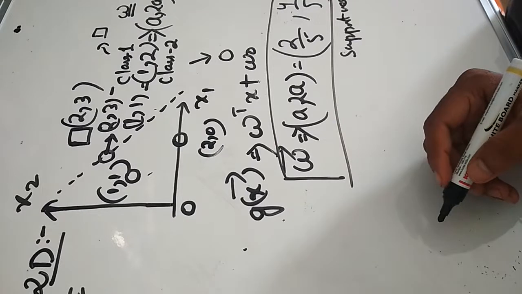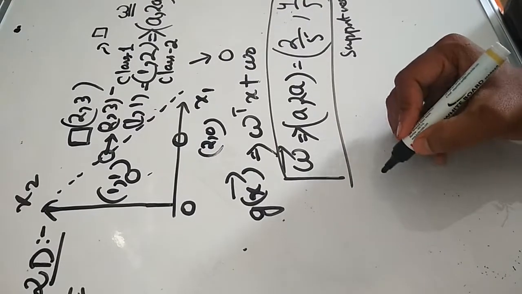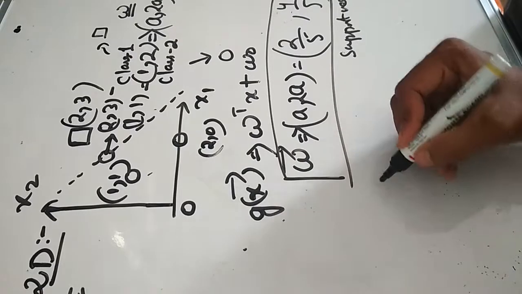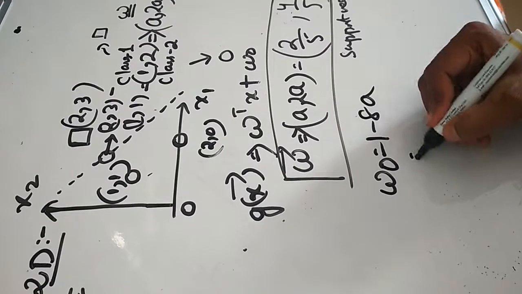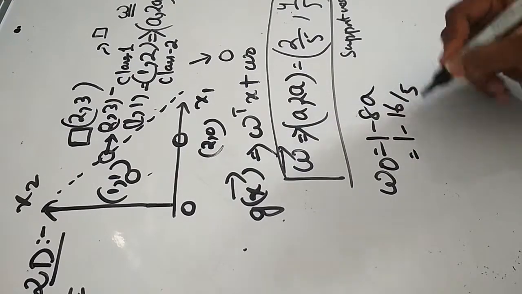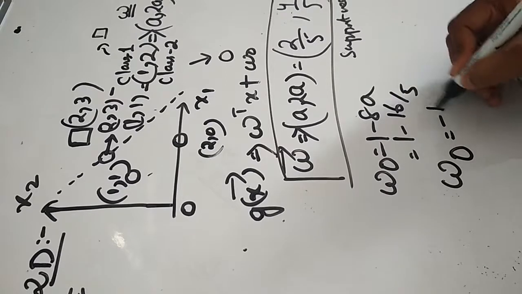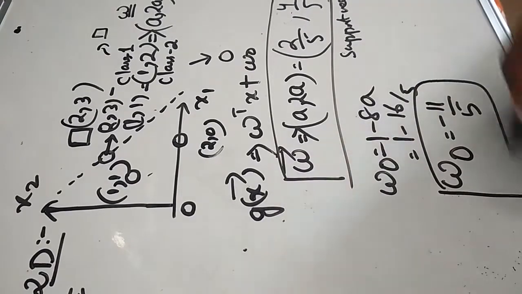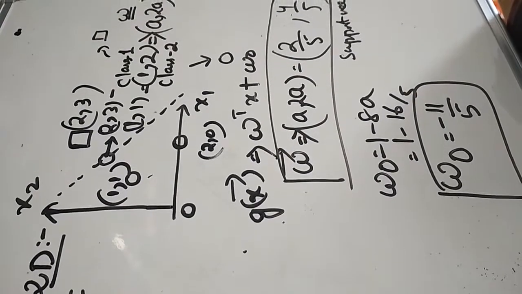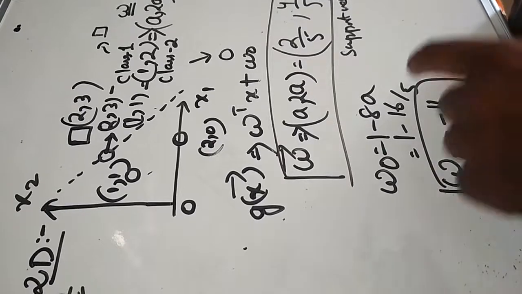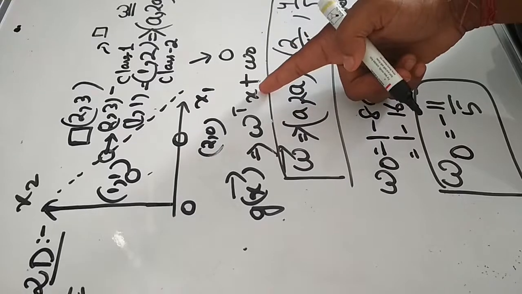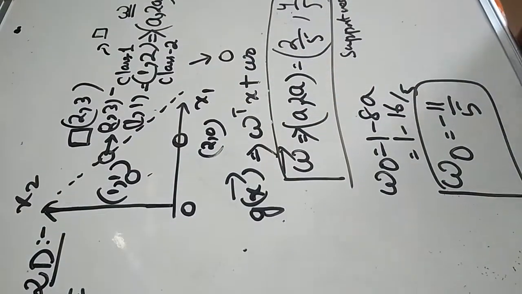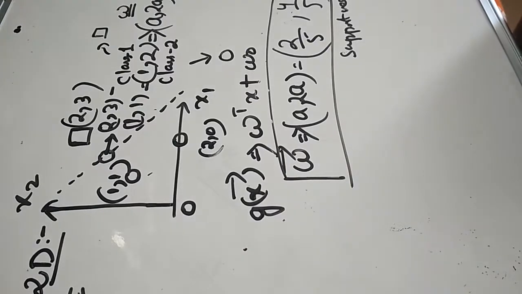Getting? So after that we will put these values in equation 3, that is w0 is equal to 1 minus 8a, so that will be 1 minus 16 by 5, so w0 is equal to minus 11 by 5. Now finally we will put the values of w0, wt, and x, that is x1 x2, to find the result for the equation.